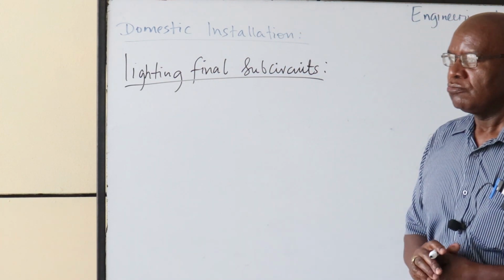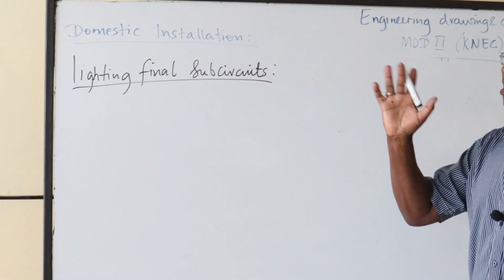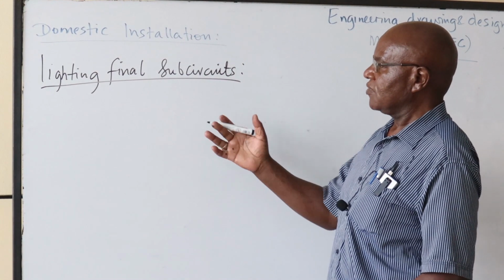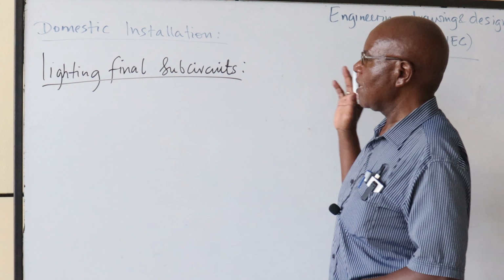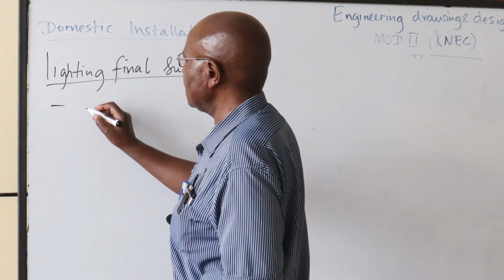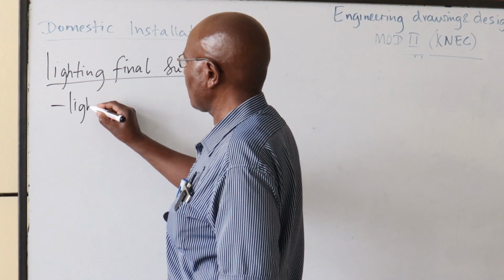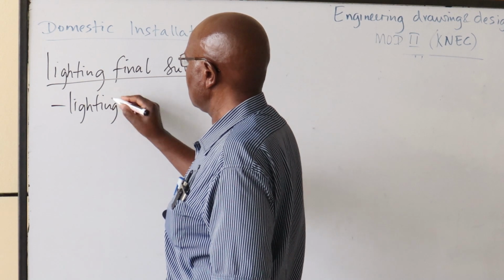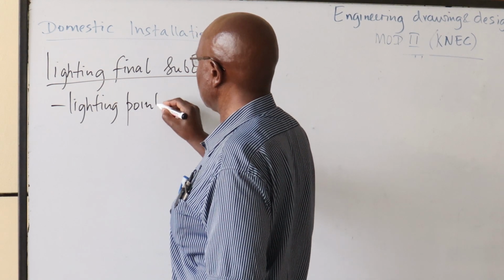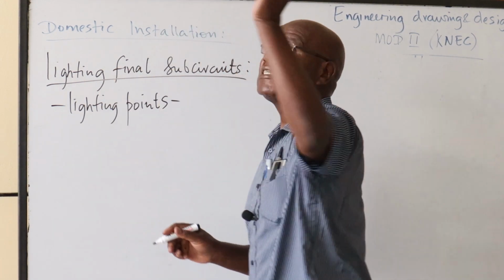Now, when we are doing design, maybe for a house, there are some things we need to take into account. Of course, the first one is the lighting points. The lighting points are where we shall connect our lighting.